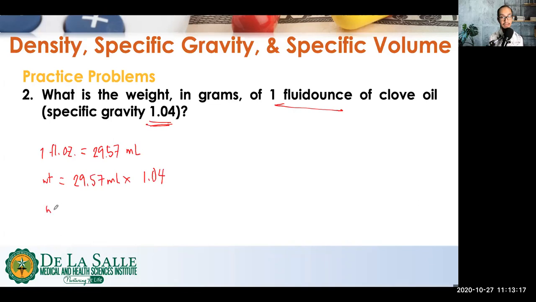And so the weight of the substance is equal to 29.57 times 1.04. And so this is equal to 30.75 grams. Okay? Yan. So the unit will now be in grams.